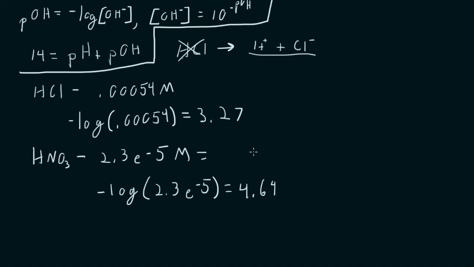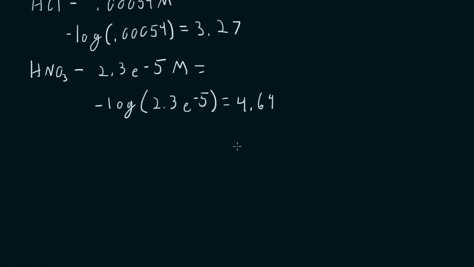All right, now let's try going back the other way. Let's say I've got a solution of sulfuric acid, H2SO4, at a pH of, let's say, 1.97. What's going to be the concentration of sulfuric acid in that solution? Well, I'm just going to take 10 to that negative pH, right?